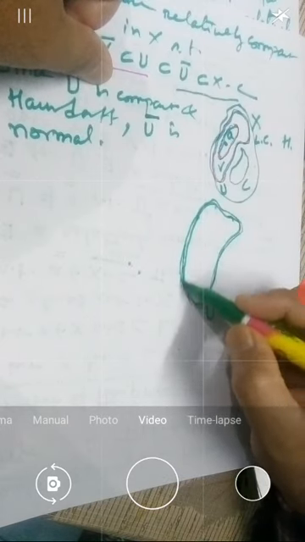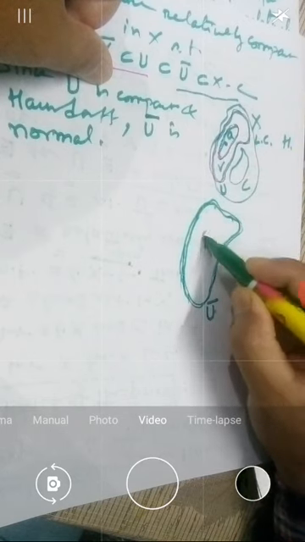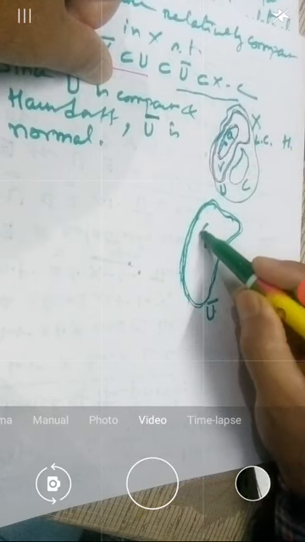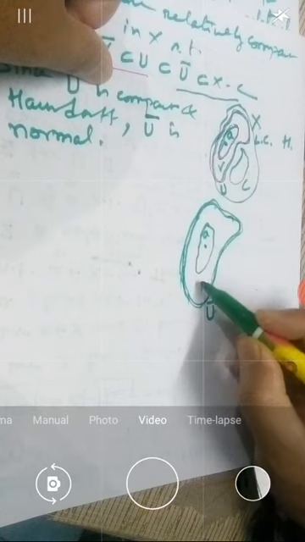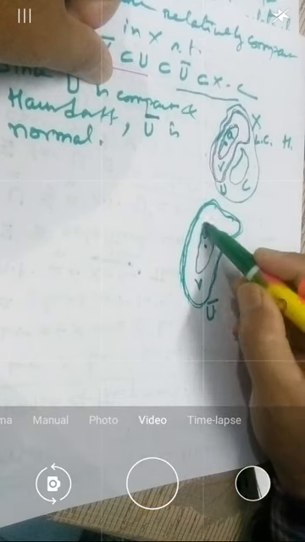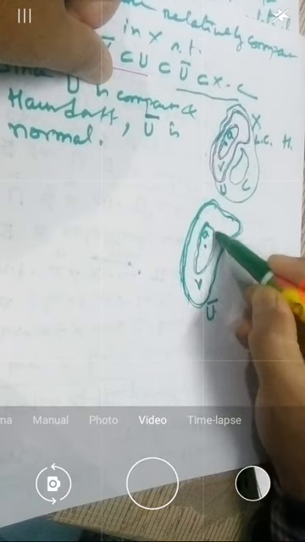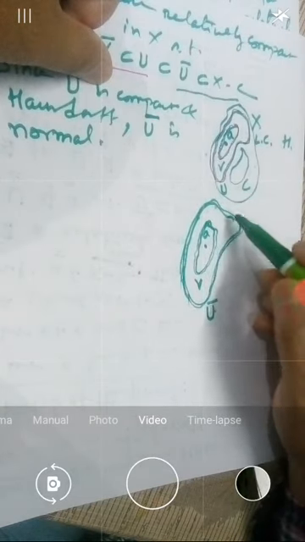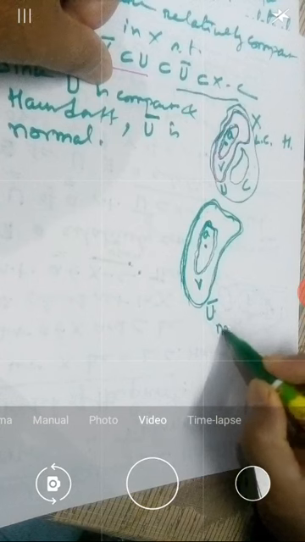So this is U bar, and this is point A, and this is V, say. So V bar is also like this. Now this U bar is normal.